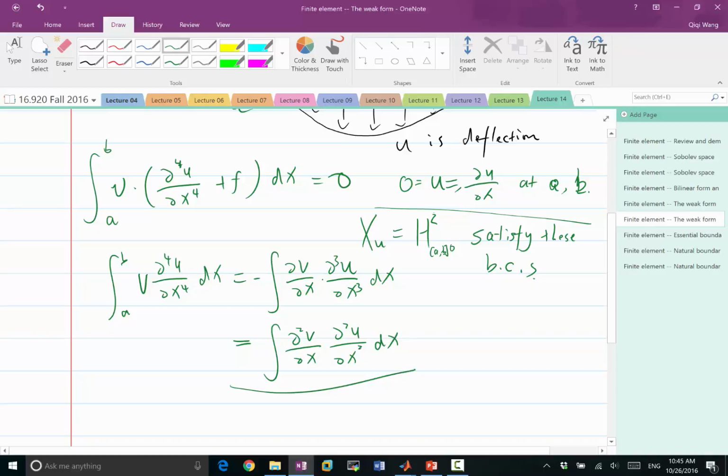So that's going to be our bilinear form. Instead of a product of the first order derivatives as in the Poisson's equation, the bilinear form in the Euler beam equation is a product of the second order derivatives of the solution and the test function.